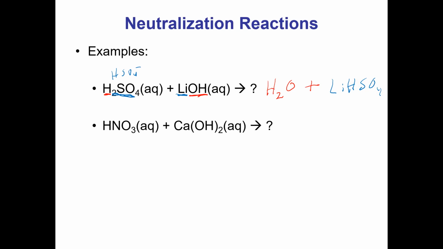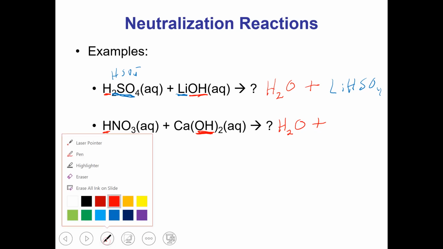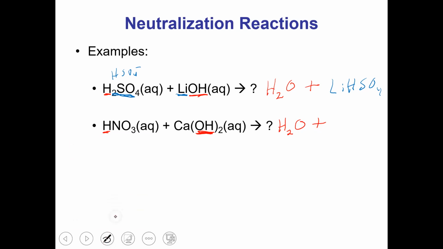Now let's take a look at the other example. If I take the hydrogen from nitric acid and the OH from calcium hydroxide, I get water. And then I have calcium and the nitrate from nitric acid.